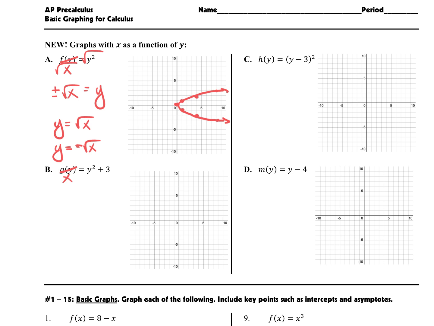Now let's start solving this for y. Well, that means that we're going to subtract that 3. Again, we'll take our square root of each side. So y is going to equal plus or minus the square root of x minus 3.